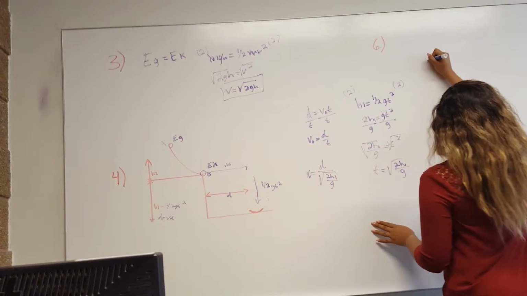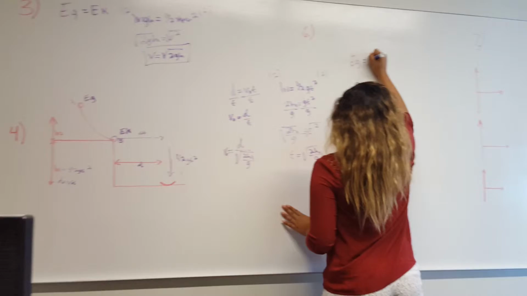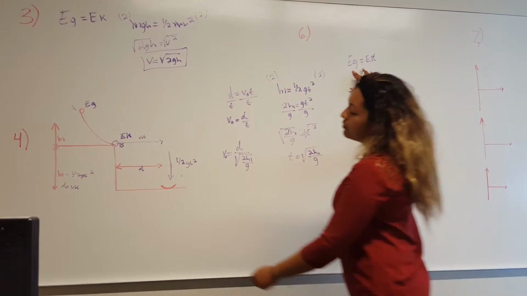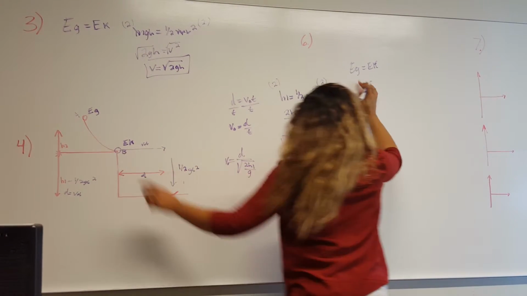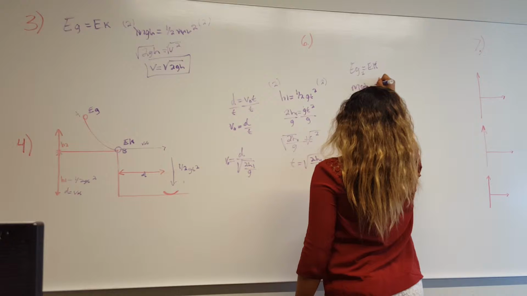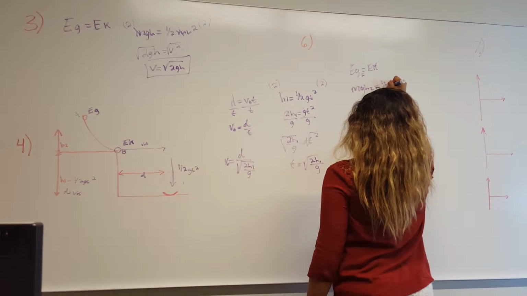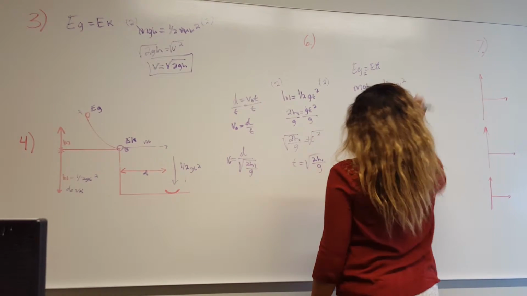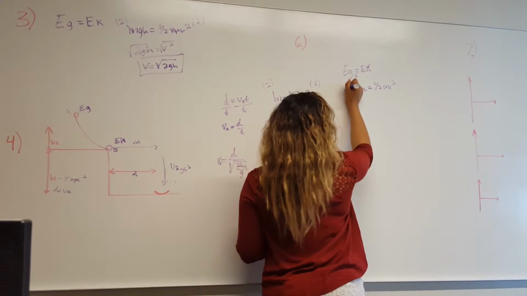And then you start with your EG equals EK. And this EG is going to be at H2 because we're solving for H2 now. So that's mgh2 equals 1/2 mv squared. You get rid of your m's.